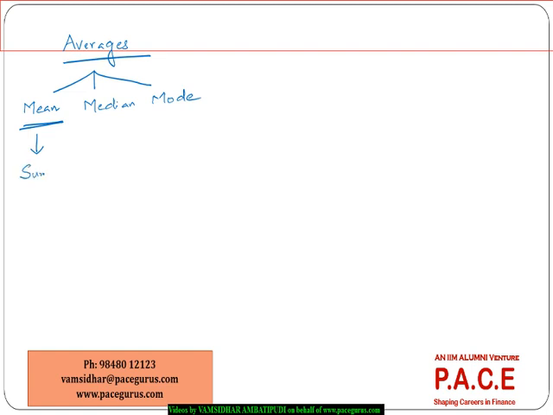I am summing the numbers, and that sum I am dividing by the total count of the values. So sum of the values divided by the count of the values. If I am talking about the ages of 10 people, I sum up all their ages and divide by the total number of people, which is 10.